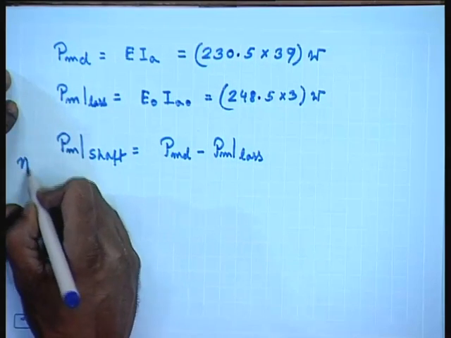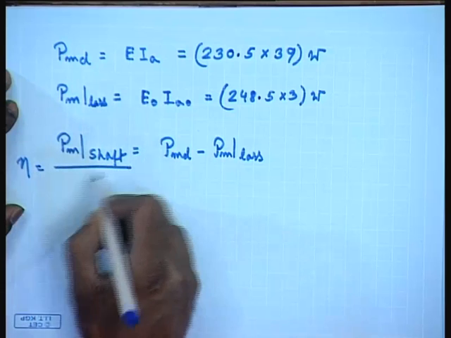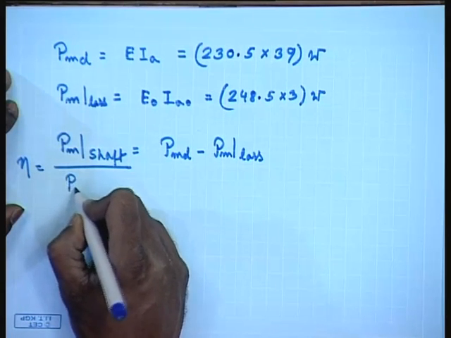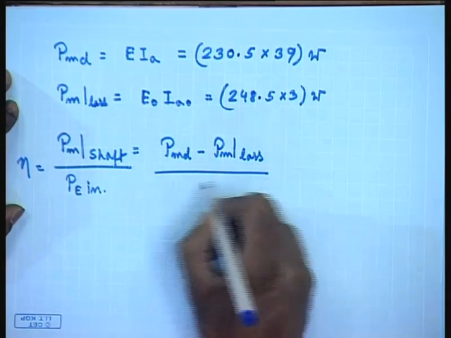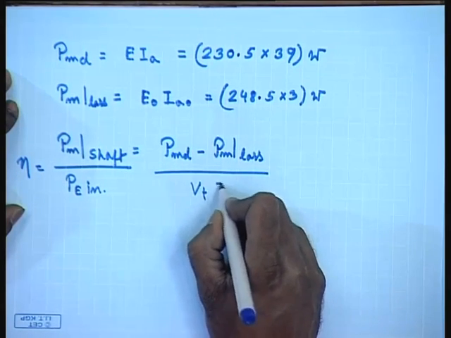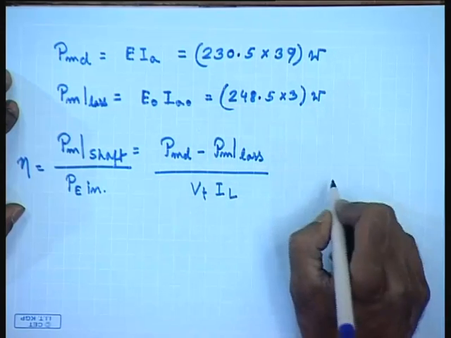So, the shaft power output, efficiency equal to shaft power output divided by P electrical input, this is equal to Vt IL.